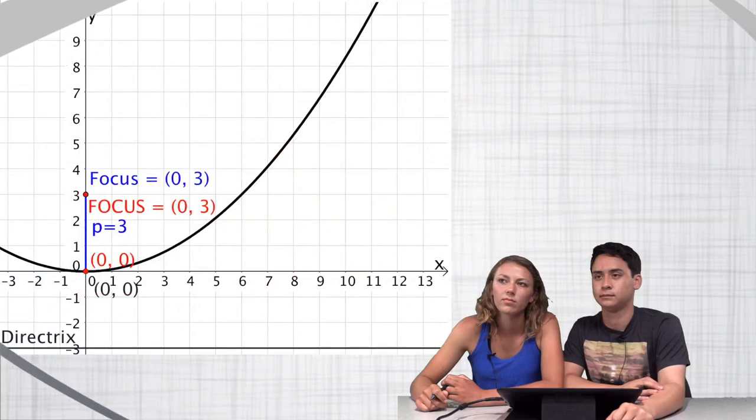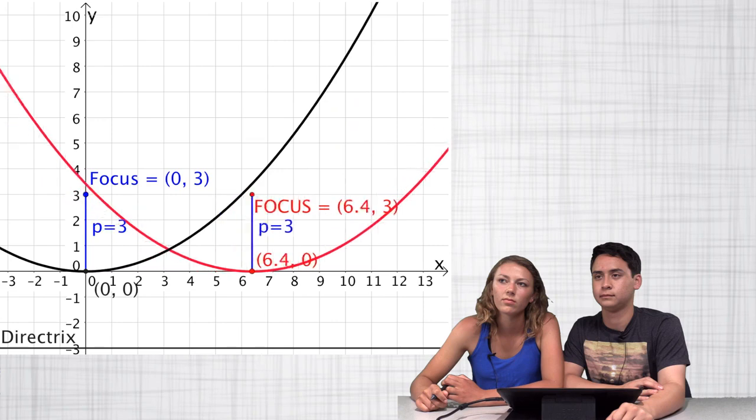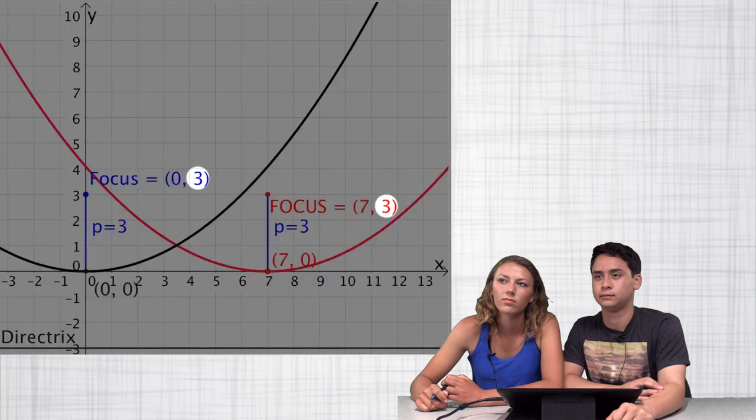Sasha and Keoni figured out something important. If they start with a base parabola that has its vertex at 0, 0, and then move the parabola 7 units to the right, the distance between the vertex and the focus stays the same. This means that the y value of the focus for both parabolas is 3. Only the x value of the focus of the new parabola changes.